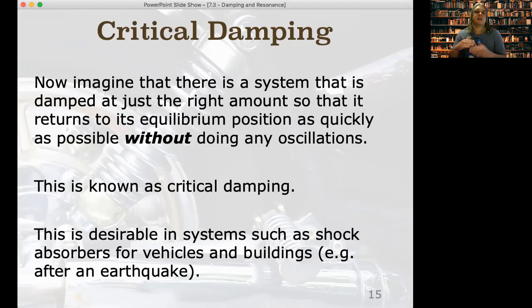If it's slightly less, then you'll get a slight oscillation. If it's slightly more, then it'll take too long to return and you might hit another bump before it's returned, and the system's not prepared for that next bump, and you end up getting shocks that aren't absorbed properly. So critical damping is ideal for a system like that, but also things like buildings responding after earthquakes. There's a lot of systems where critical damping is a very useful situation to have occur.